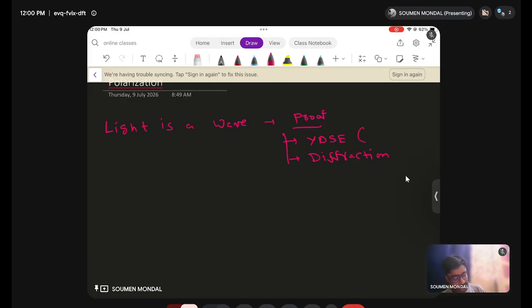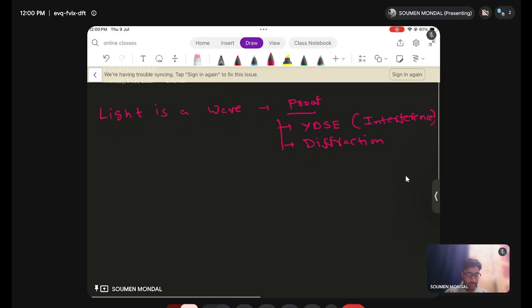The Young double slit experiment is an interference phenomenon, and there is also diffraction. These two phenomena prove that light is actually a wave.